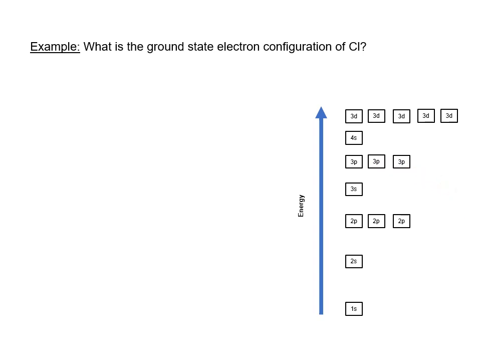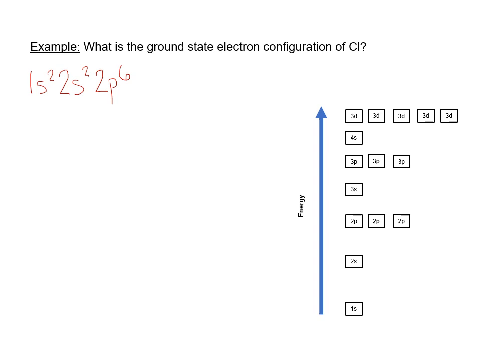So the electron configuration for chlorine then would be 1s2, right? Because we put 2 in the 1s, 2 in the 2s, so 2s2, then 2p6, because we can put 6 in the p's. So far, we've used 10 electrons of the 17.